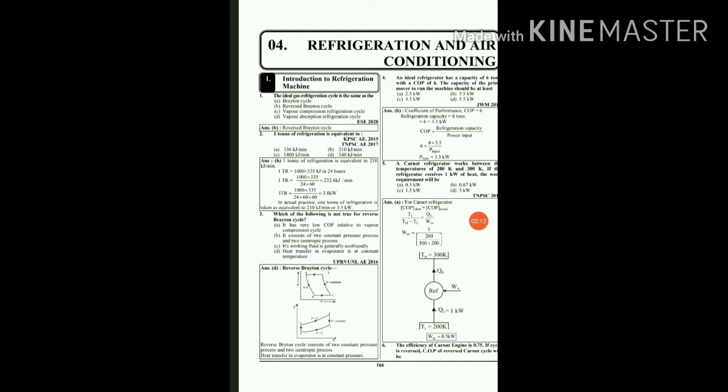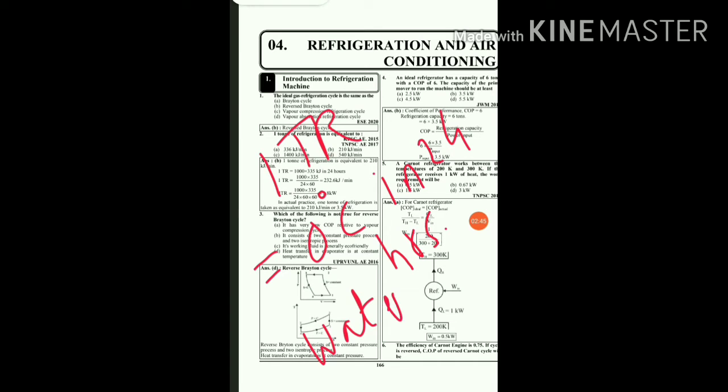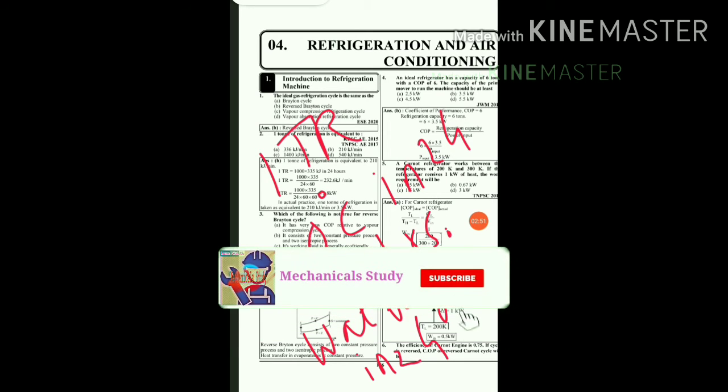The next question: 1 ton of refrigeration is equivalent to what? So what is 1 ton of refrigeration? 1 ton of refrigeration is nothing but the amount of heat that is removed from ice at 0 degree Celsius in 24 hours to convert it into water, or the reverse phenomenon, that is the amount of heat that is extracted from water in 24 hours at 0 degree Celsius in order to convert it into ice.